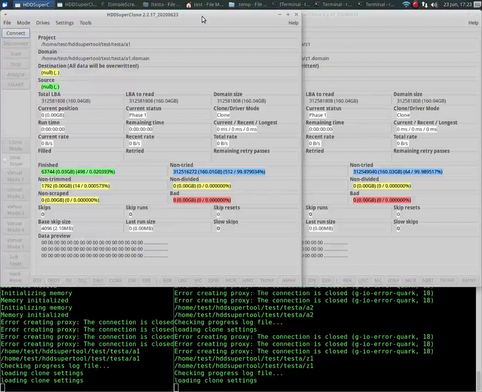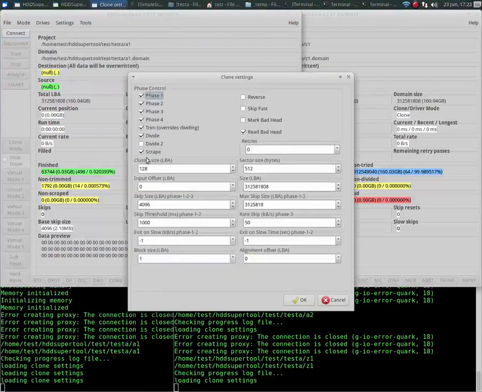So I would like to show how you can make the analyzed results a little bit more sensitive depending on what you want. You can do that in the clone settings. Normally the cluster size is 128, the skip threshold is 1000. If you increase the cluster size, then you increase the read size, the area that's read, which means it's more likely to be able to find a bad spot, or something bad in a weak head.